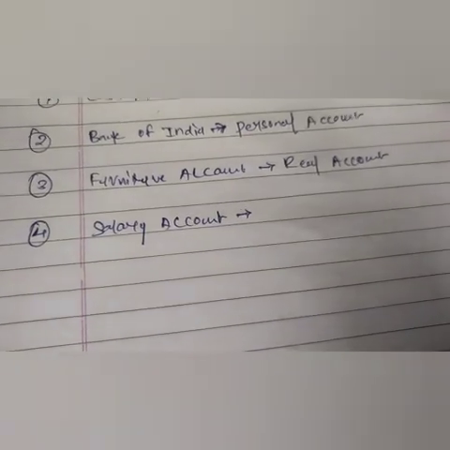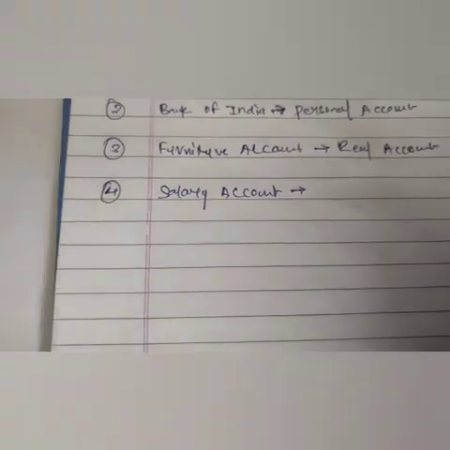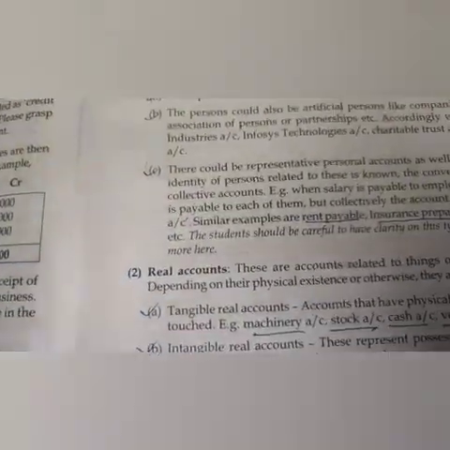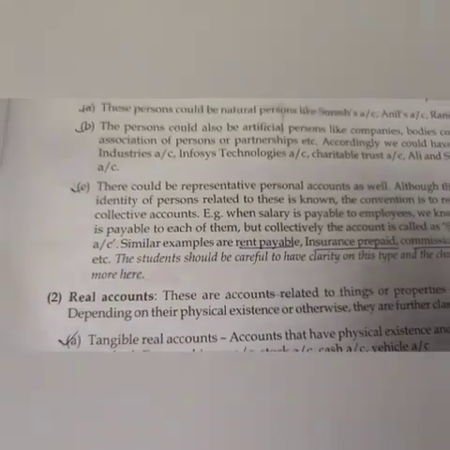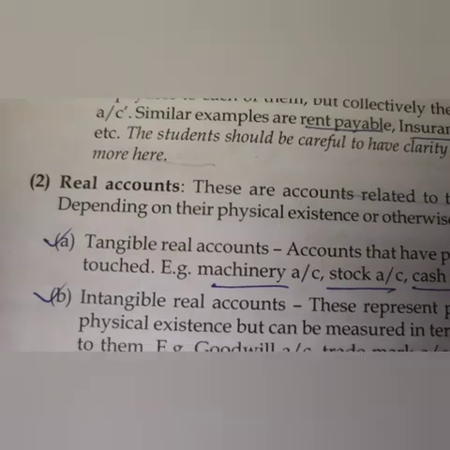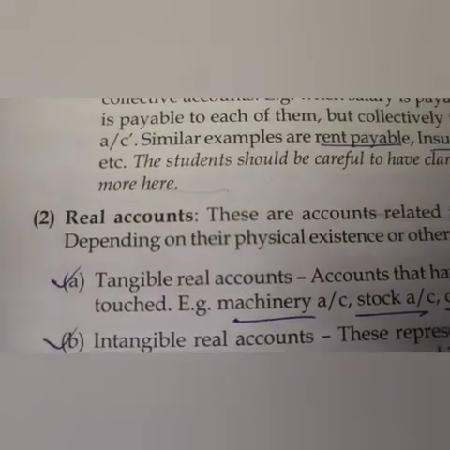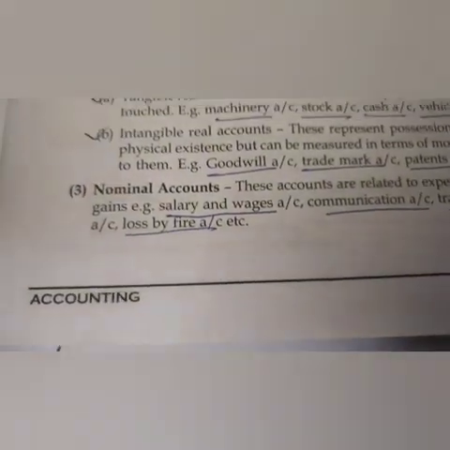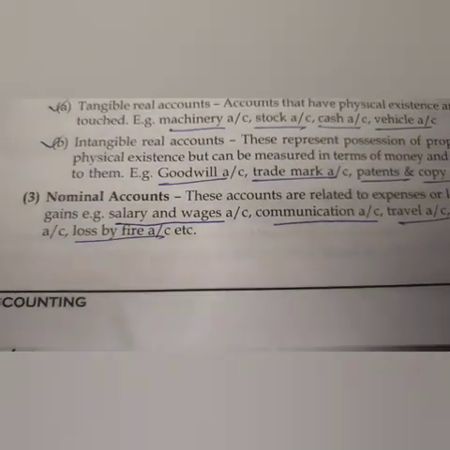Fourth illustration is a salary account. Let us predict which rule is applied for the salary account. First one is the personal account. It is not a personal account. It is not a real account, because salary cannot be tangible or physical. So let us see the nominal account.